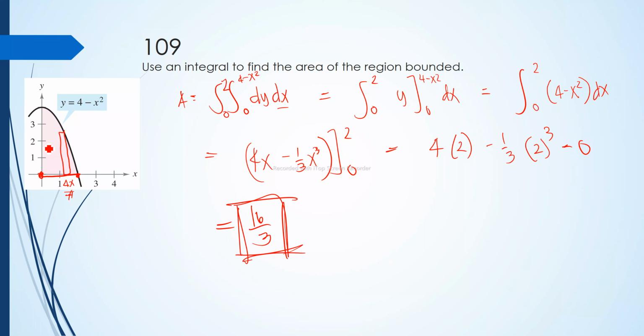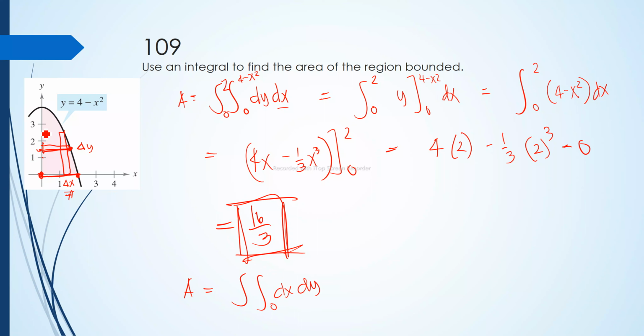So, if you need to use the horizontal rectangular strip, then you just use this. This is not dx, this is dy, delta y. We have the dx dy. And our lower limit for the inside is from 0 here to here.